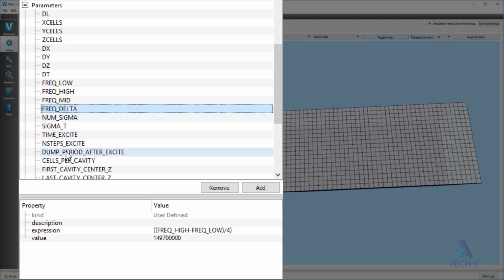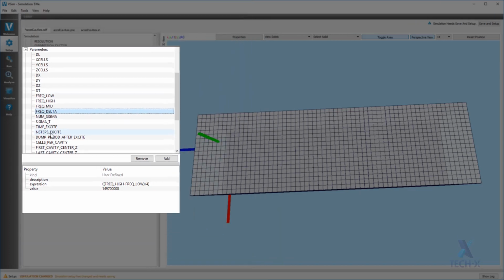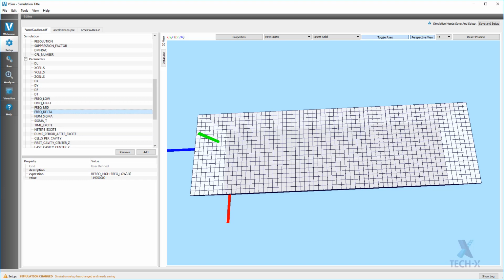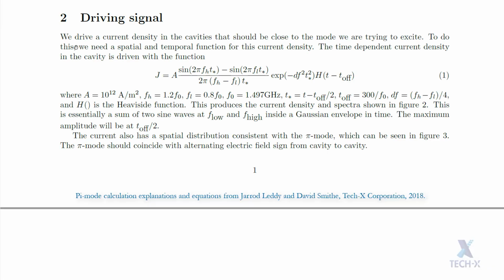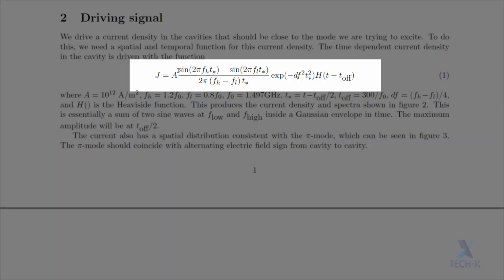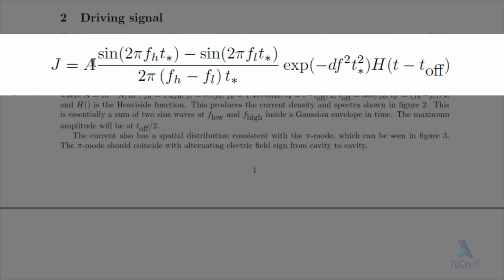These next few parameters are to do with the actual function. So I'm going to show you the mathematical form of the function that we tend to drive. We can see here the driving signal is for the current density, J, and what we're doing is driving some amplitude times two sine functions, and those functions have the frequency high and the frequency low for their frequencies.